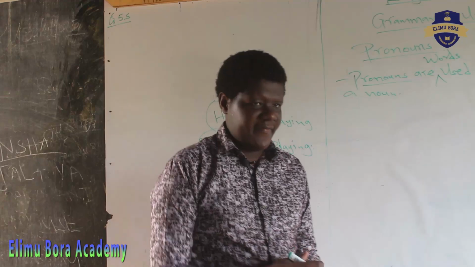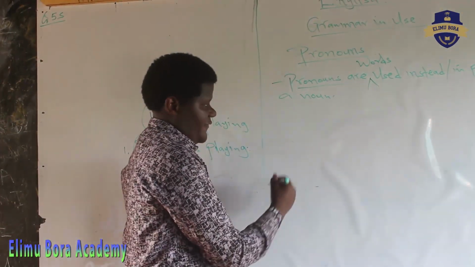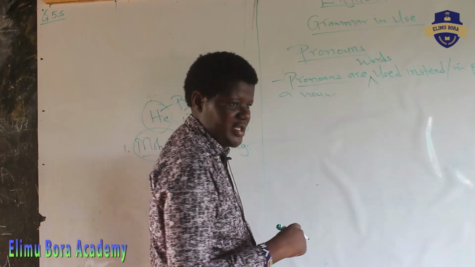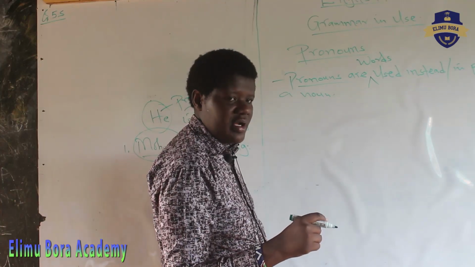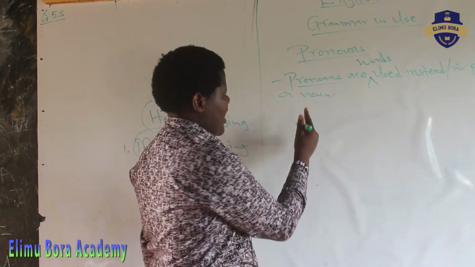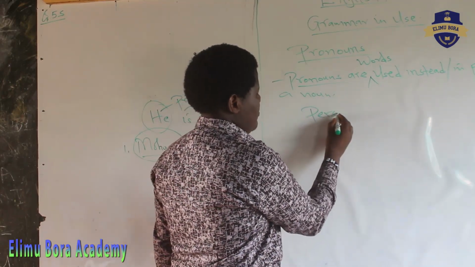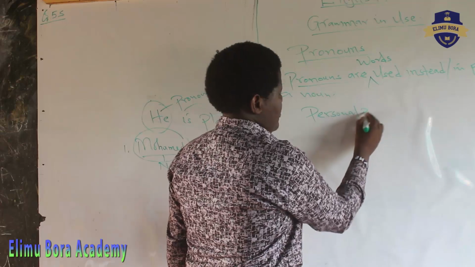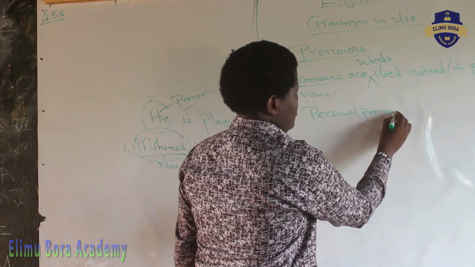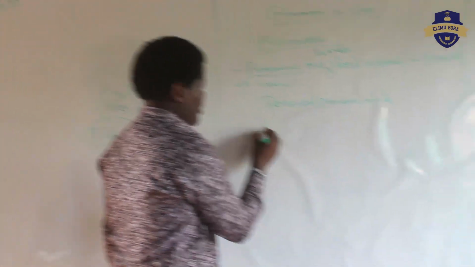So in grade 5, you're going to talk about these two types of pronoun. We have several of them, by the way. Remember, you talked about reflexive pronouns. You also have these two, you can add to your list: personal pronouns and possessive pronouns.